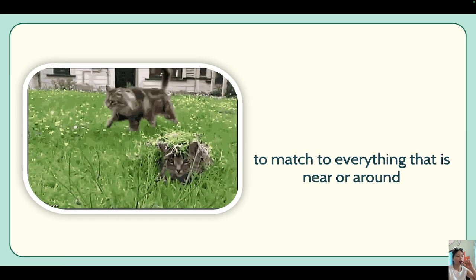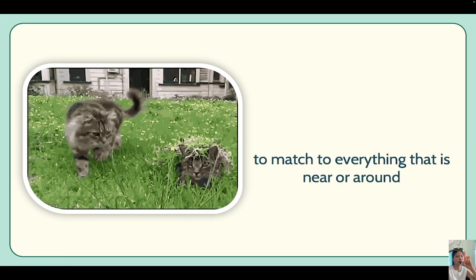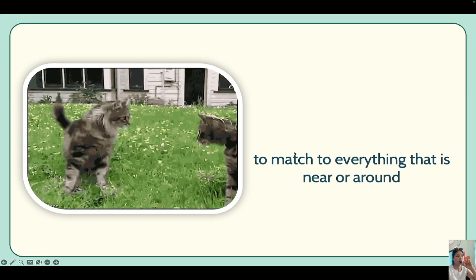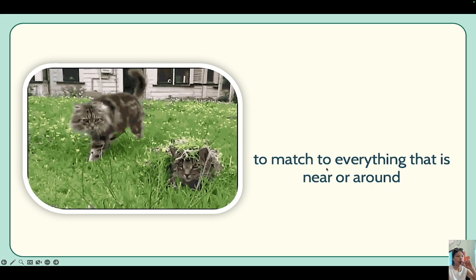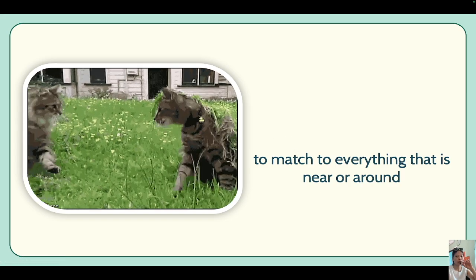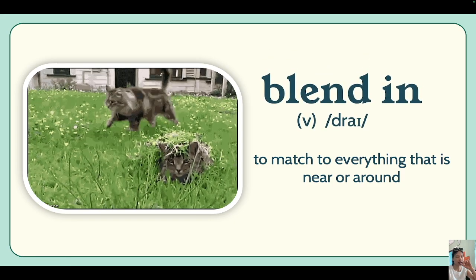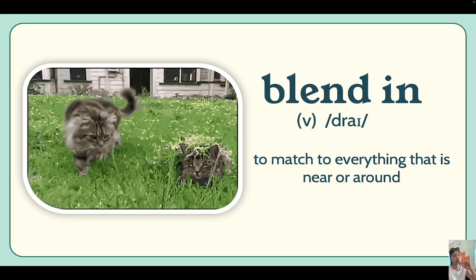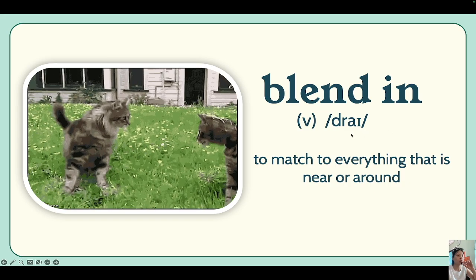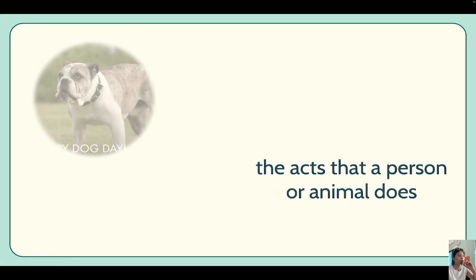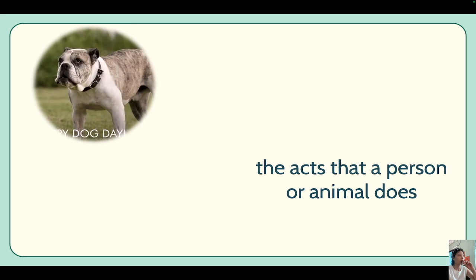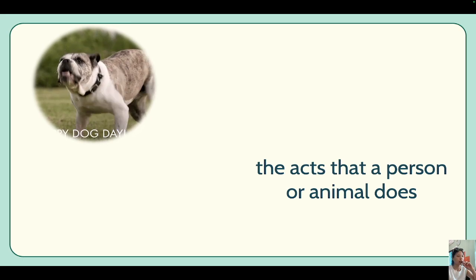All right, and the meaning of the word is to match everything that is near or around, and that is called to blend in. That is a phrasal verb. Oh, I made a mistake in the pronunciation. And next one, this one, what's the dog doing? Barking. Why is it barking? None can answer.